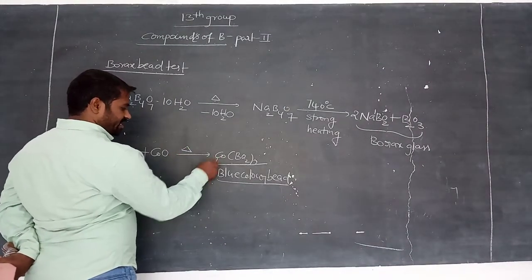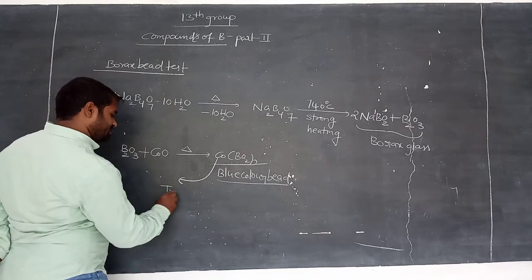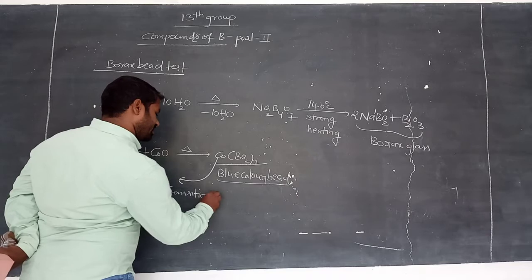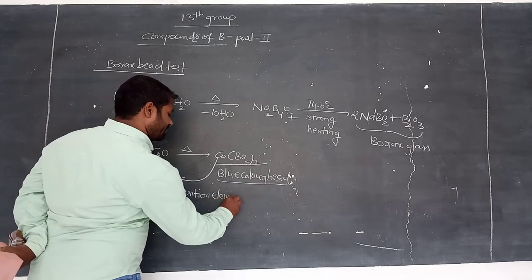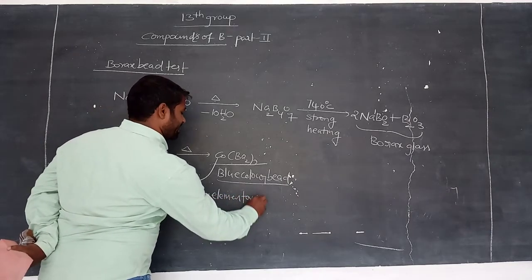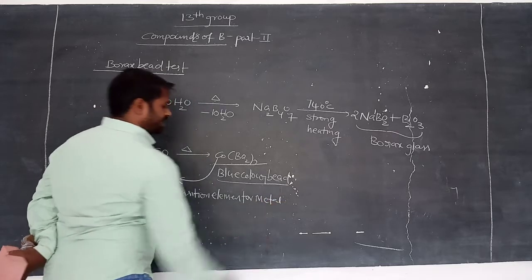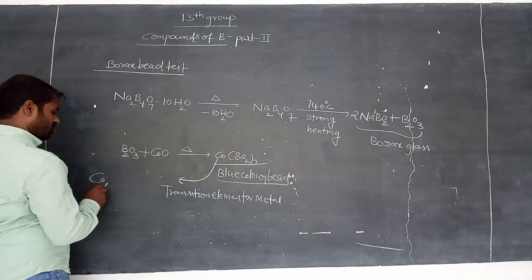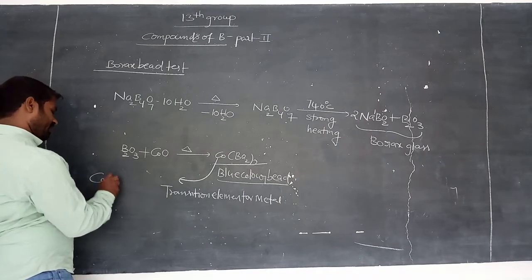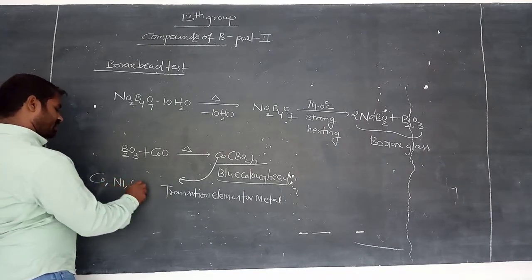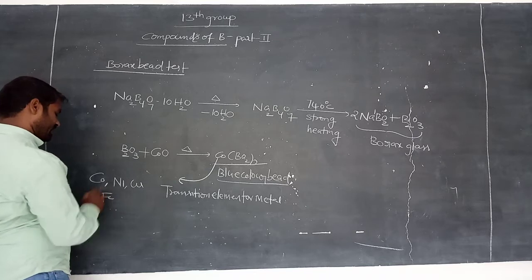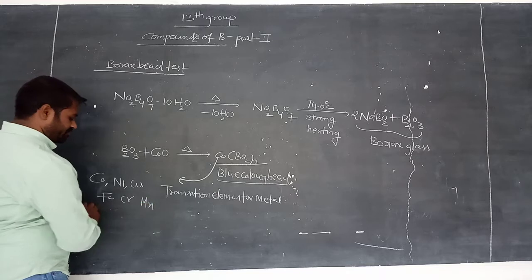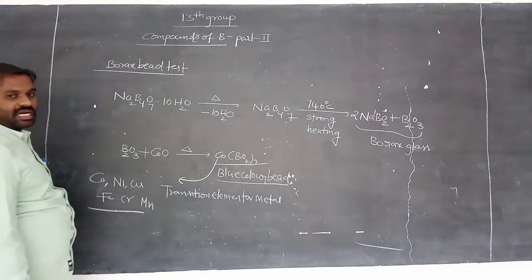So this is a transition element, or here it is a metal. Here in that place cobalt or nickel or copper, iron, chromium, manganese can also give a colored bead.